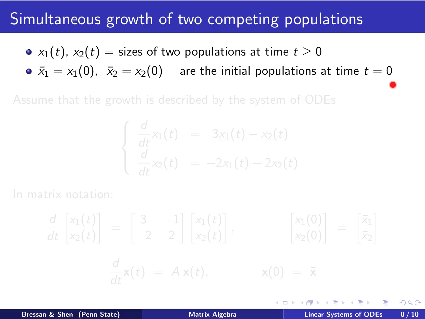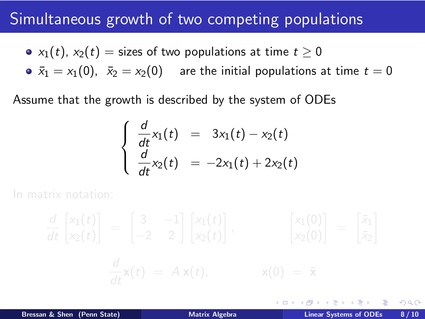So the initial population at t equals 0 is also given. Now we assume that the growth is described by the following system of ODEs. So the rate of change for x1, d/dt of x1(t), is 3 times x1 minus x2, and the growth for x2, d/dt of x2, is negative 2 x1 plus 2 x2.